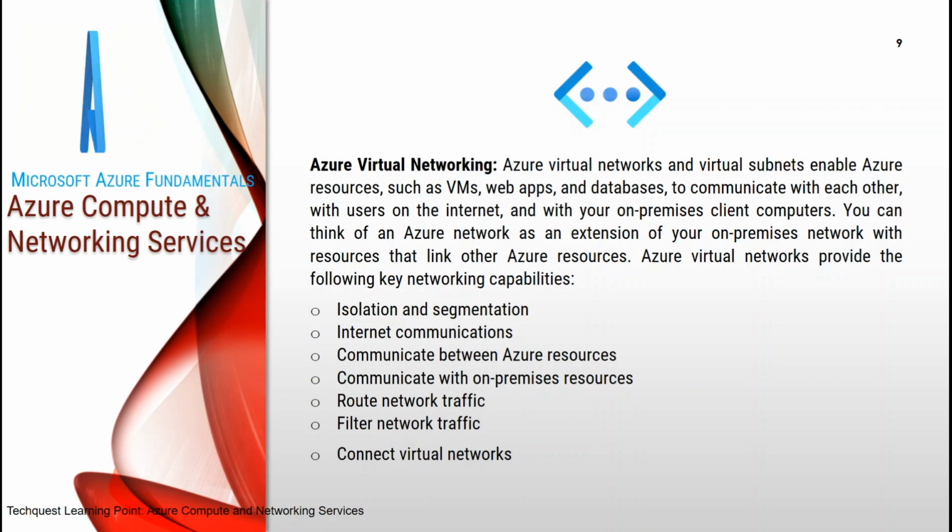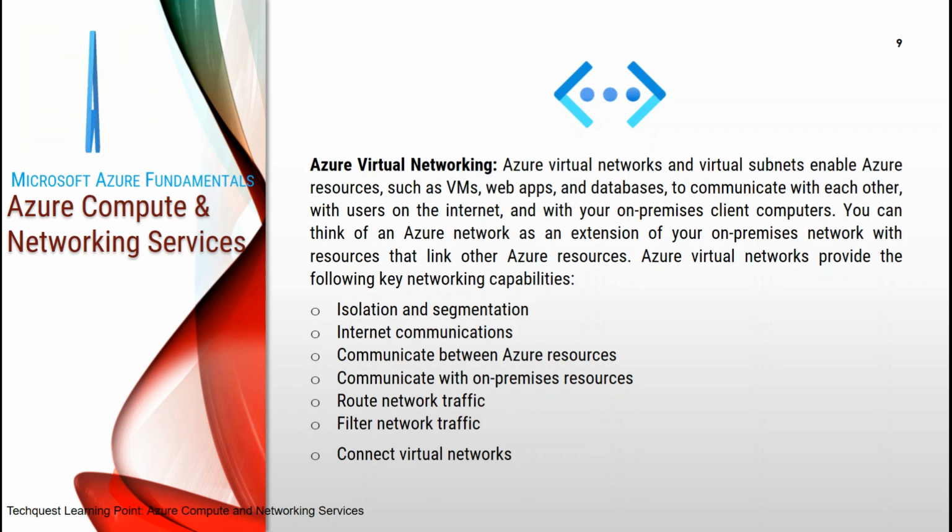Azure Virtual Network supports both public and private endpoints to enable communication between external or internal resources with other internal resources. Isolation and segmentation. Azure Virtual Network allows you to create multiple isolated virtual networks.